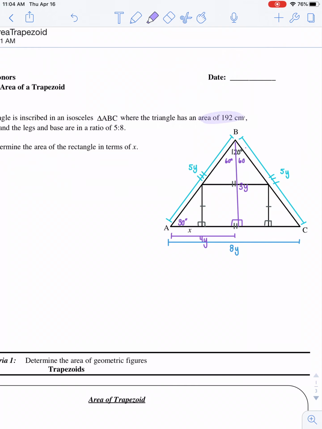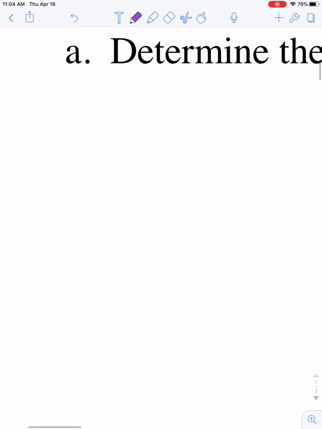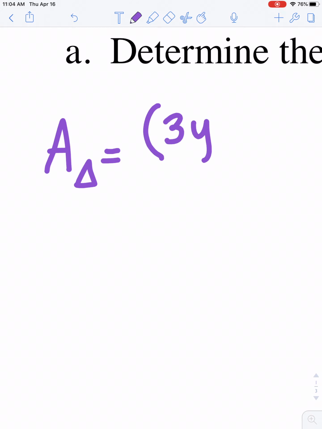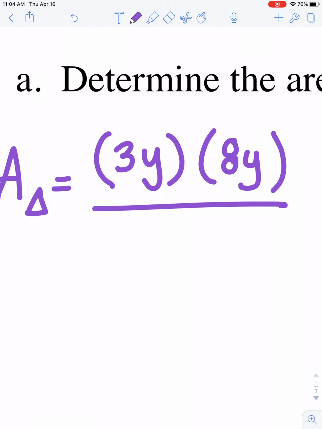So to solve for our variable y, we could use our equation. So we know that the area of the triangle's equation is 1/2 base times height. So we have area of the triangle is, well, my height is 3y, my base is 8y, divided by 2.